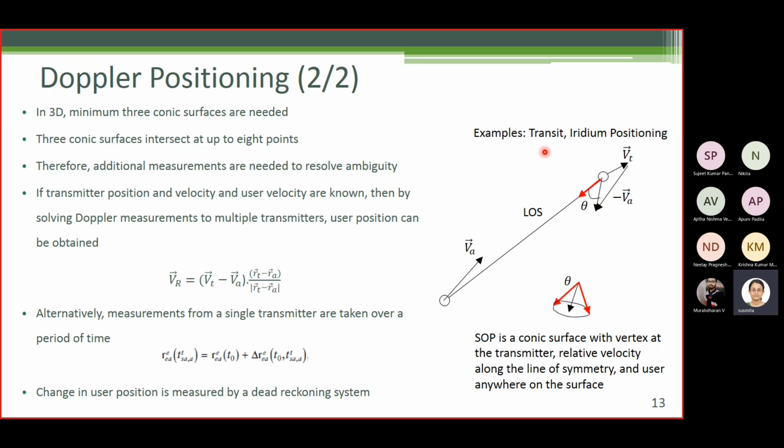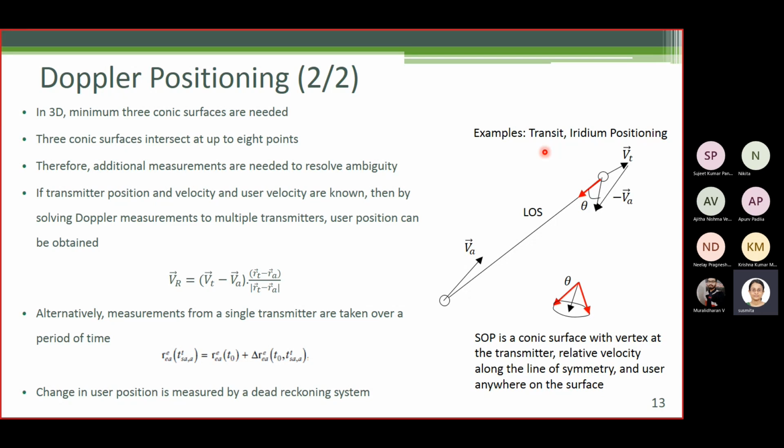It has 66 satellites, again in low altitude orbits. Orbital radius is about 7,600 kilometers. So using Iridium also it is possible to find the user position. About 30 to 100 meters 3D positioning accuracy can be obtained using an Iridium satellite in 30 seconds.